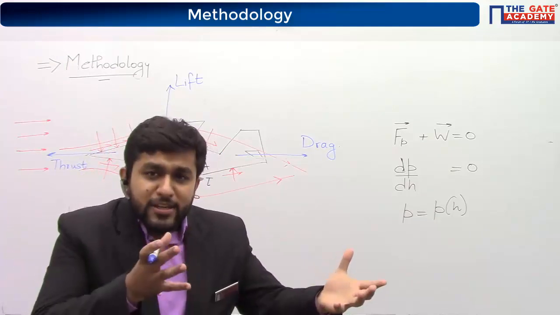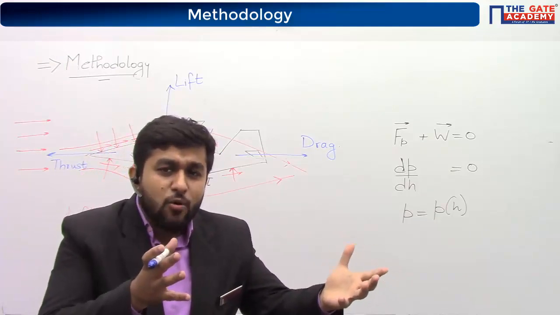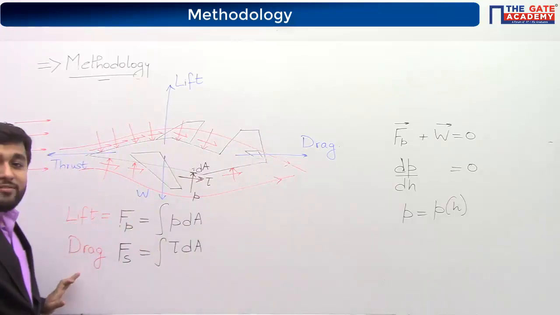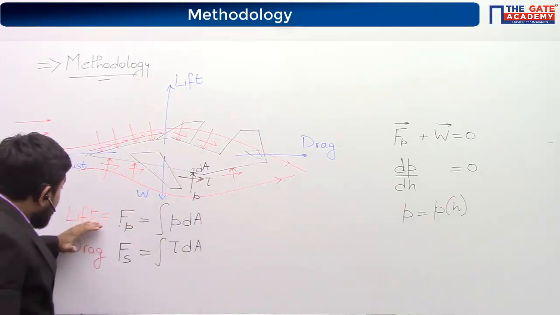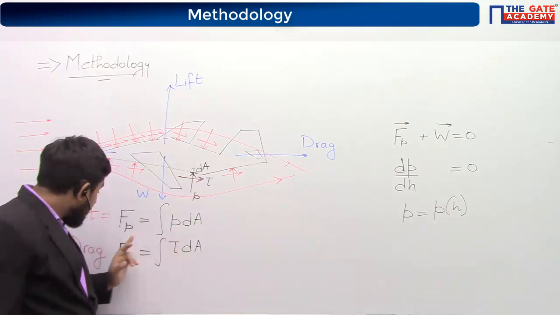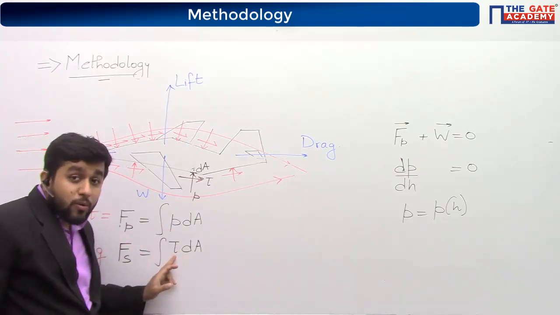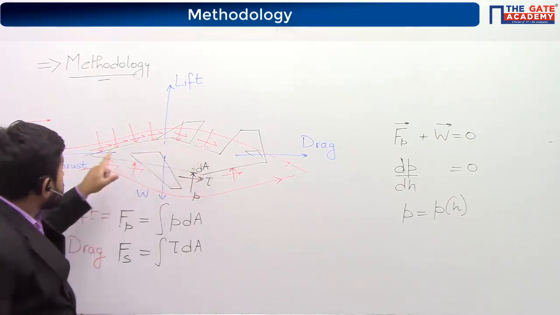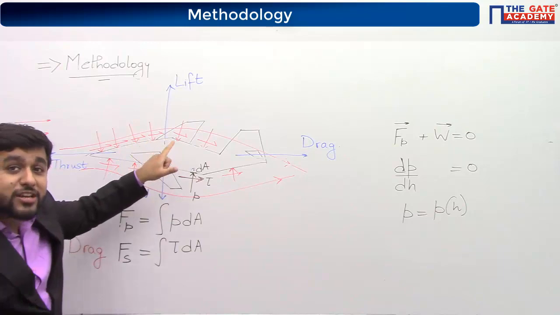So what you will do? You will take a basic design and you will try to find out when this basic design moves, what is the value of lift? What is the value of drag? And for calculating the lift, you need P. For calculating drag, you need tau. You need to find out pressure at each and every point. You need to find out tau at each and every point.